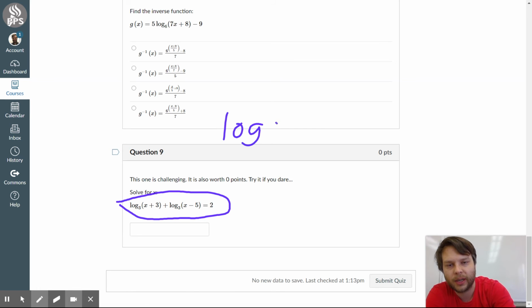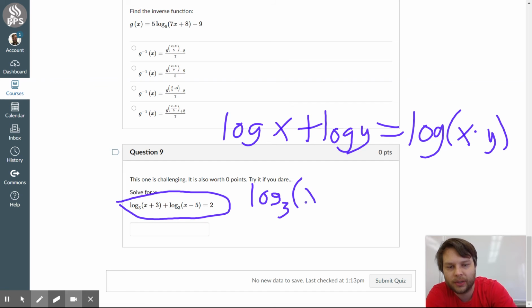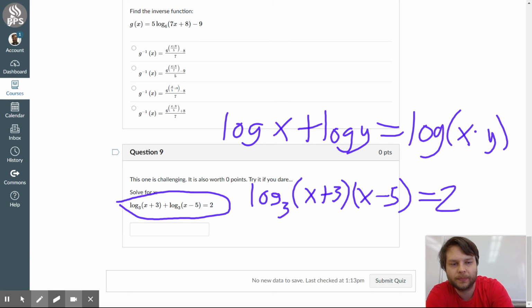If we have log of x plus log of y, that's the log of x multiplied by y. So we're going to utilize that here to make this into log base 3 of x plus 3 times x minus 5. And that's going to equal 2.